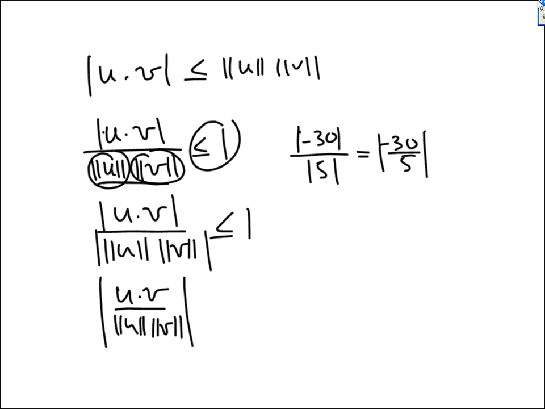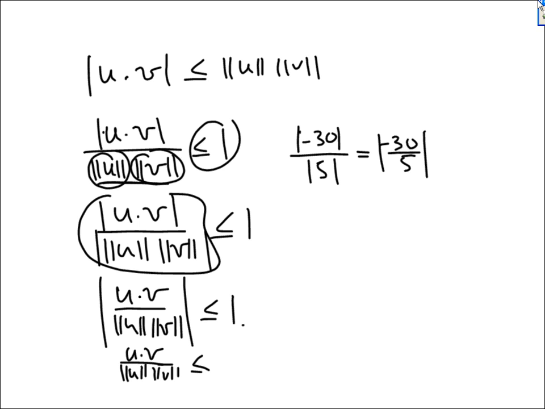What I just wrote down is equal to this, and it's less than or equal to 1. That means it's between plus and minus 1. That means that u dot v divided by the length of u times the length of v is between plus and minus 1.